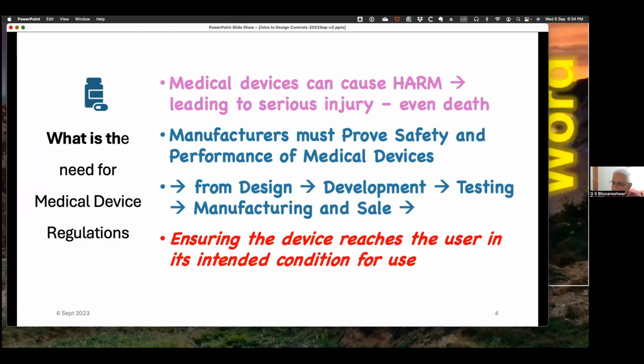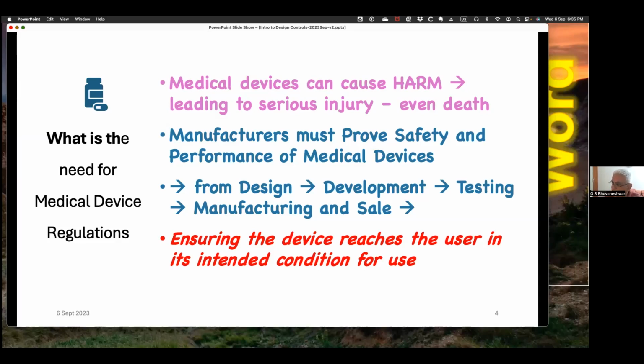It starts from the design, then goes on to development, all the testing that needs to be done, the preclinical testing and the clinical evaluation, and then it also covers manufacturing and sales. So remember that medical device regulations cover the whole gamut, starting from design and development to manufacturing, sale, and also post-market follow-up.